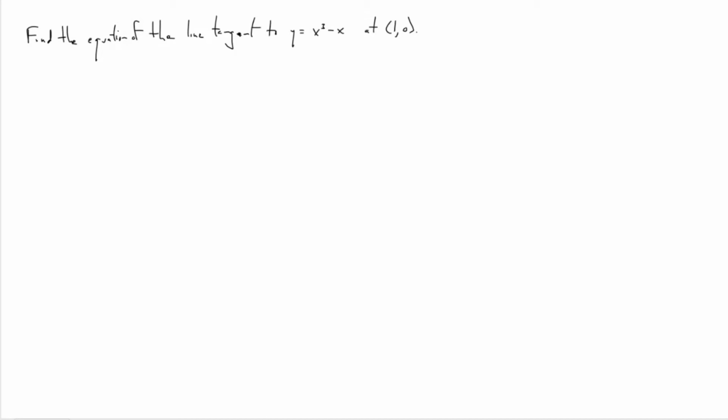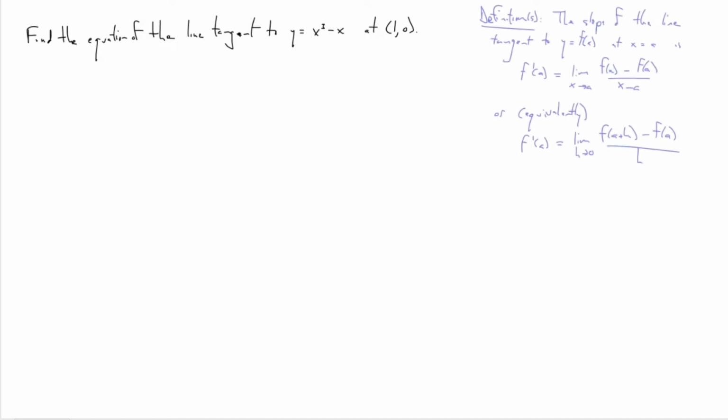And before you start, we have two different definitions for the slope of a tangent line through a given point. And those definitions are as given here.